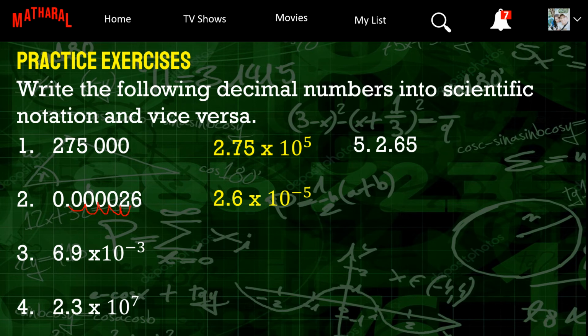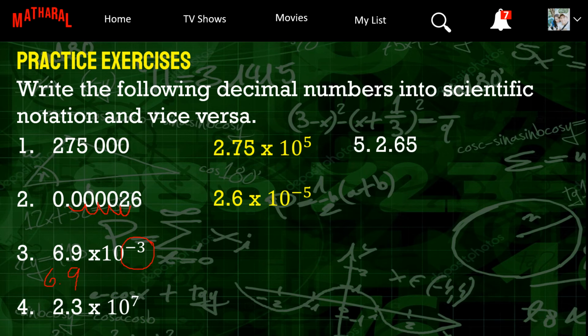So, for number 3, ito naman po, unlike the first example, 6.9 times 10 raised to negative 3rd power is a scientific notation. And we're asked to convert it, or rewrite it, or express it into decimal numbers or standard form. Since we're going to have the 6.9, and once the sign of the exponent of base 10 is negative, that indicates a small number.